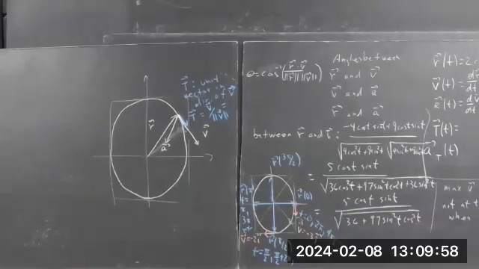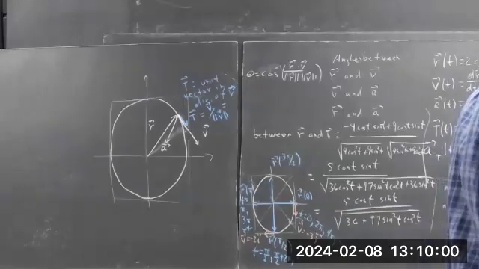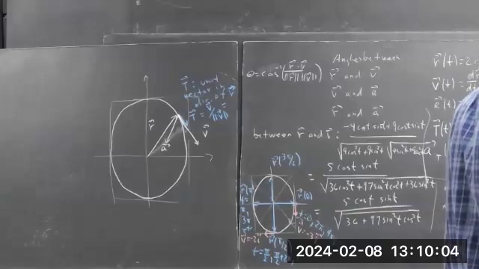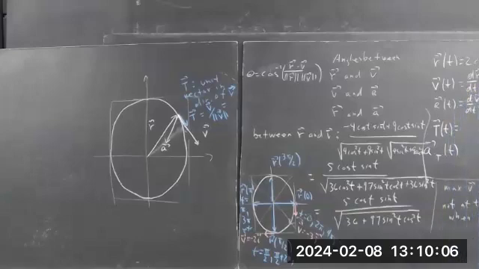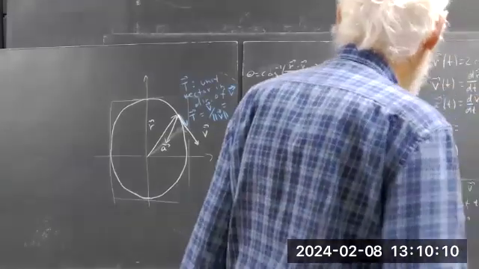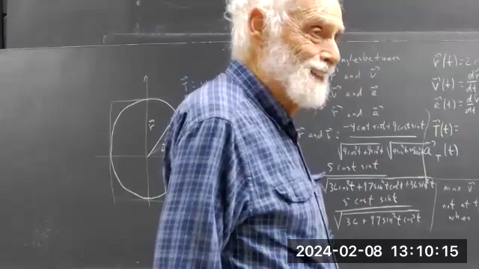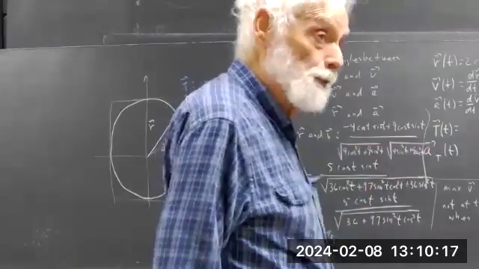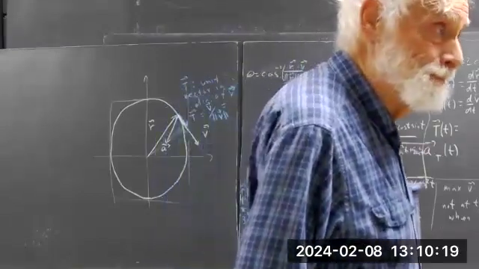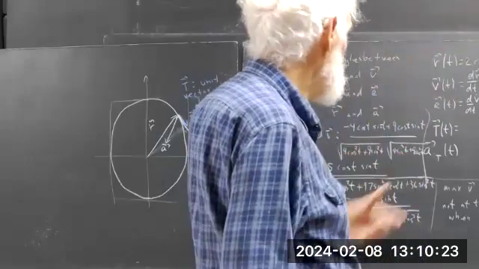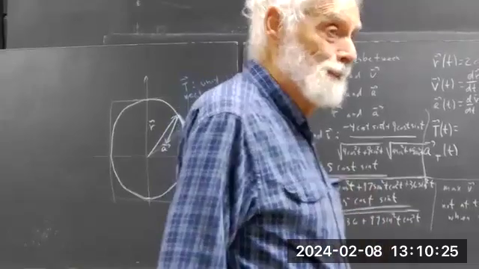That looks like this. One of these is the magnitude of V, the other is the magnitude of R. Which is which?